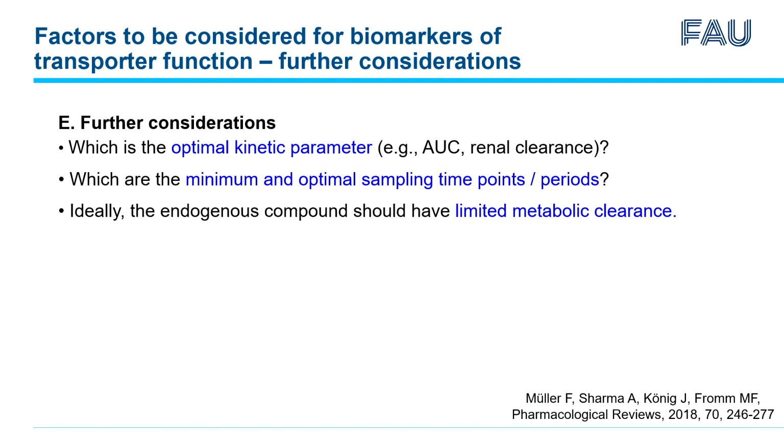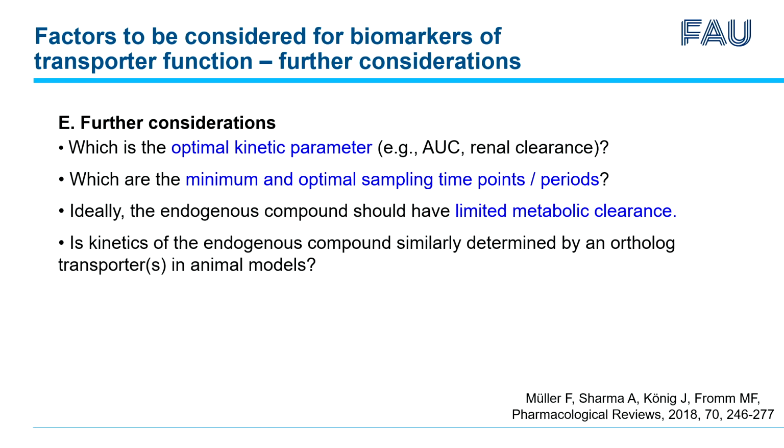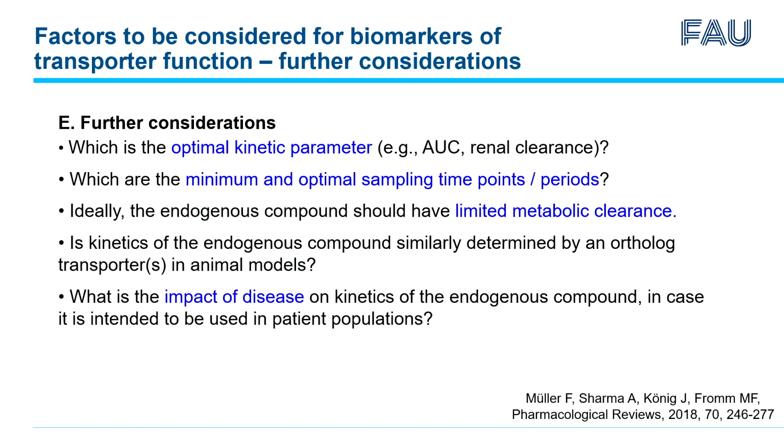Ideally, we would like to have no further metabolism of the endogenous biomarker in the body, and it would be nice to have ortholog transporters and an ortholog of the respective biomarker also in the animal model, so we can measure the concentration of the biomarkers already in animal studies before we go into humans.